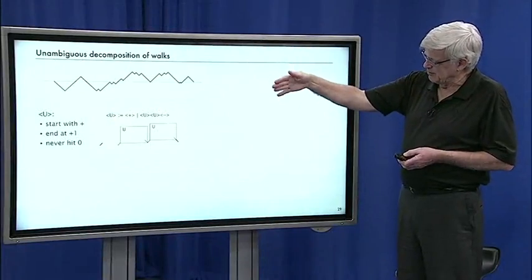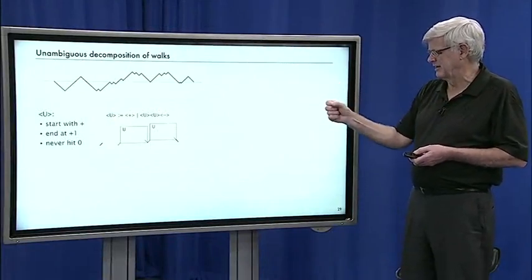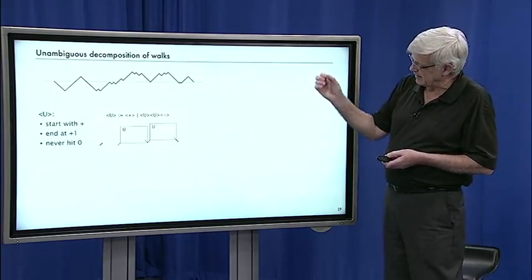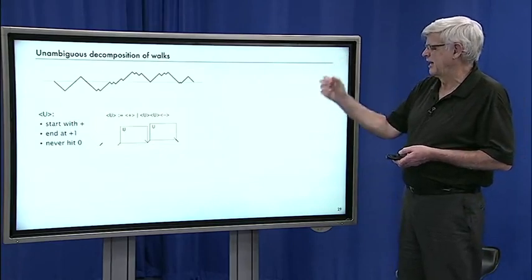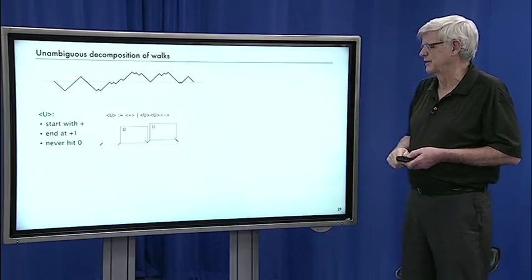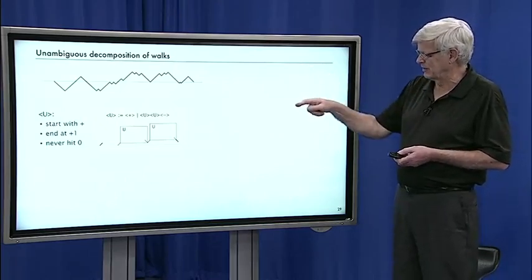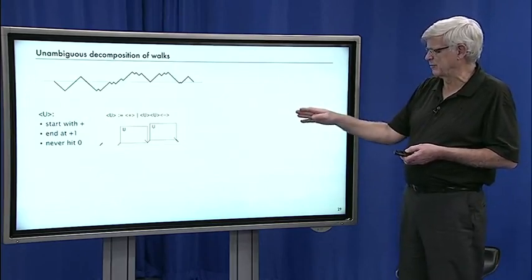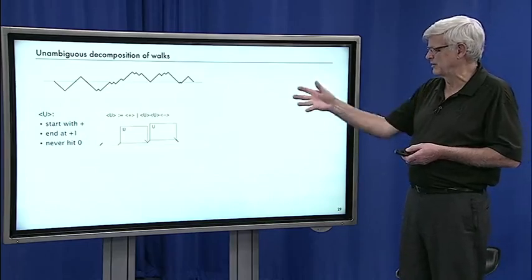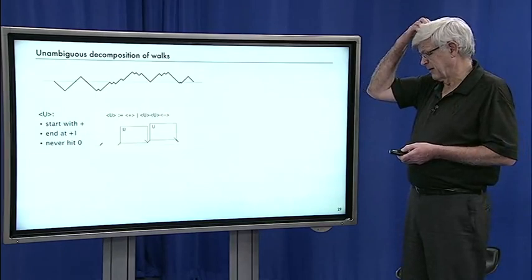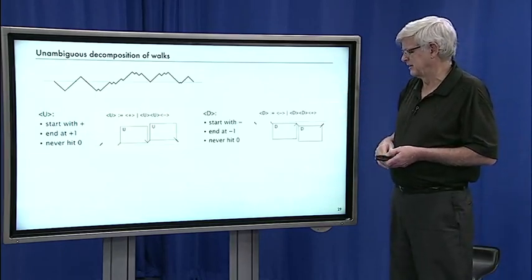So you can make a U by either just taking a plus, or by having a U and then appending another U to it, and then having a minus. So it starts at the baseline with a plus, and it ends at +1, never hits 0. That's a U. And that's an unambiguous way to define a U.